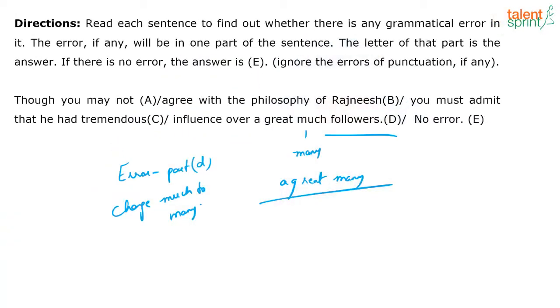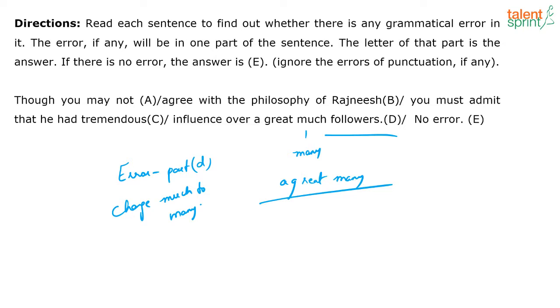Many, fewer, and less than much is used for bulk. How much salt did you put? Salt is uncountable. I don't say how many salt did you put. Incorrect. How much salt did you put in this dish? Are you following? Much, many, difference.